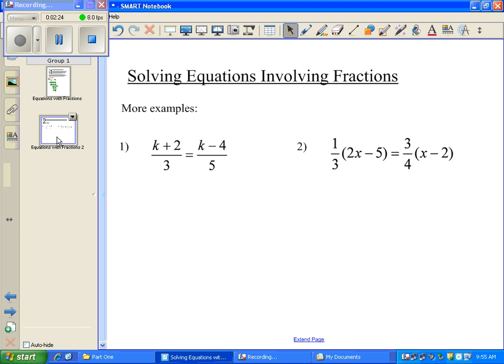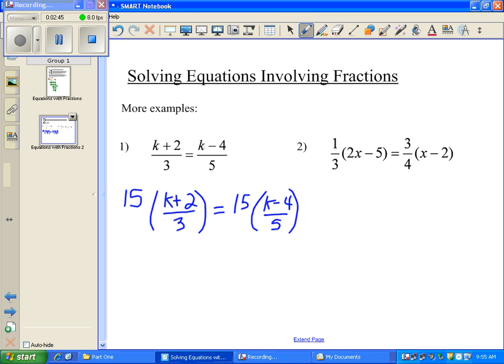So you have to first find the lowest common denominator, and that would be 15. So your first step is going to be to multiply both sides by 15. So nothing's going to change. All you're going to do is multiply both sides by the lowest common denominator of 15.